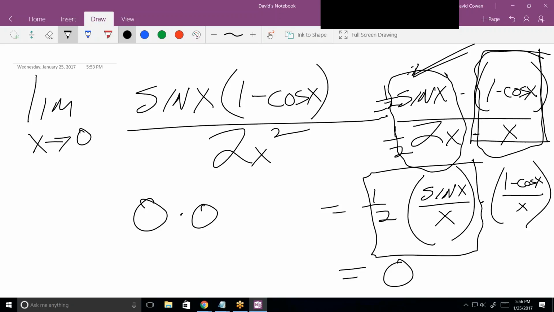I don't even have to give any attention to the left, because whether the left goes to a number or goes to 0 matters not. Maybe if the numerator went to a number and the denominator went to 0, then I would have 0 over 0 still, and I would have to do something with it.